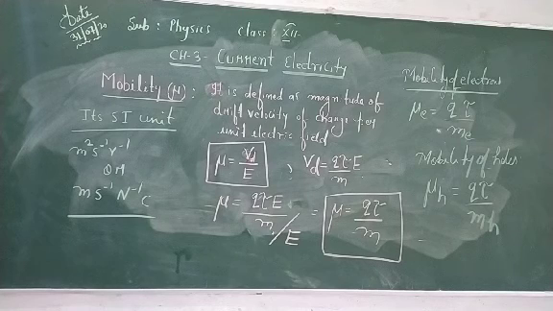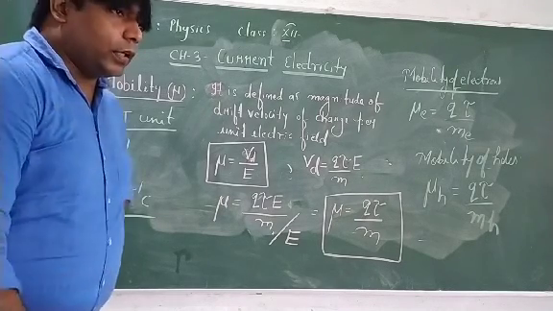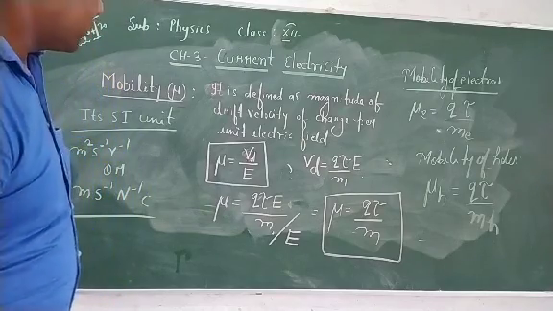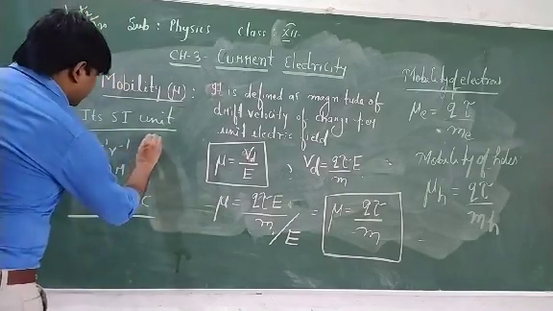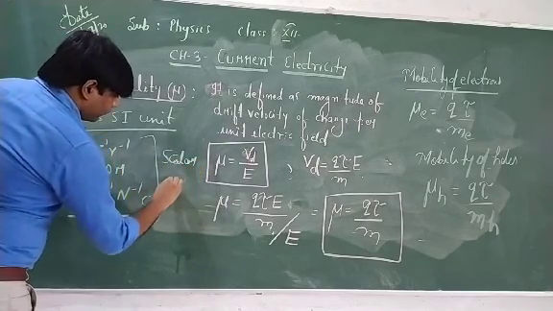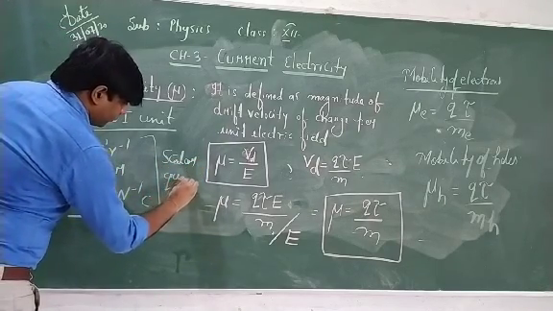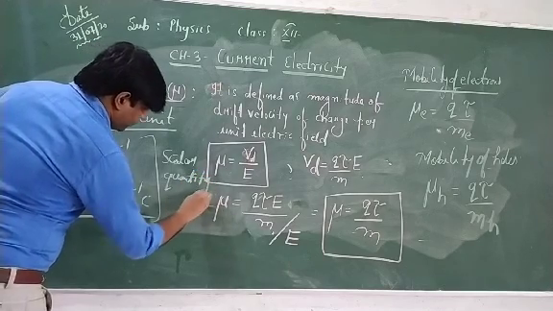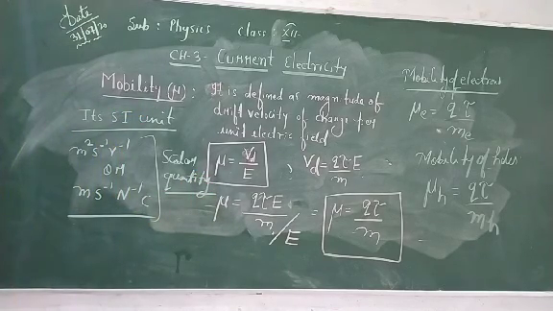If you talk about whether it is a scalar or vector quantity, it is a scalar. So we have talked about the definition, its unit, and also identified it as scalar.